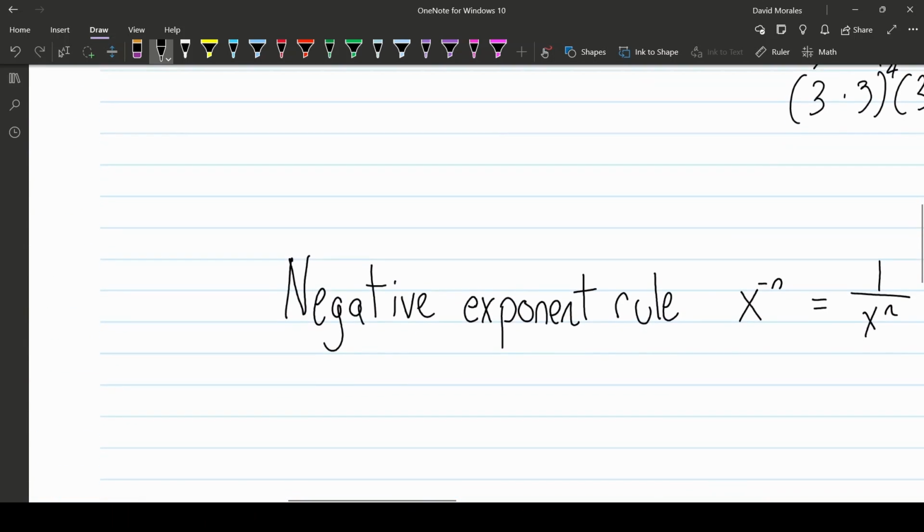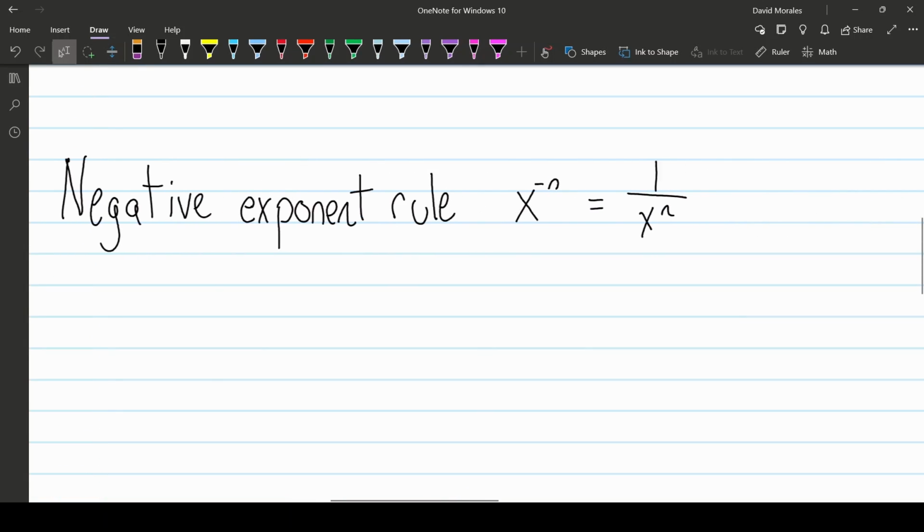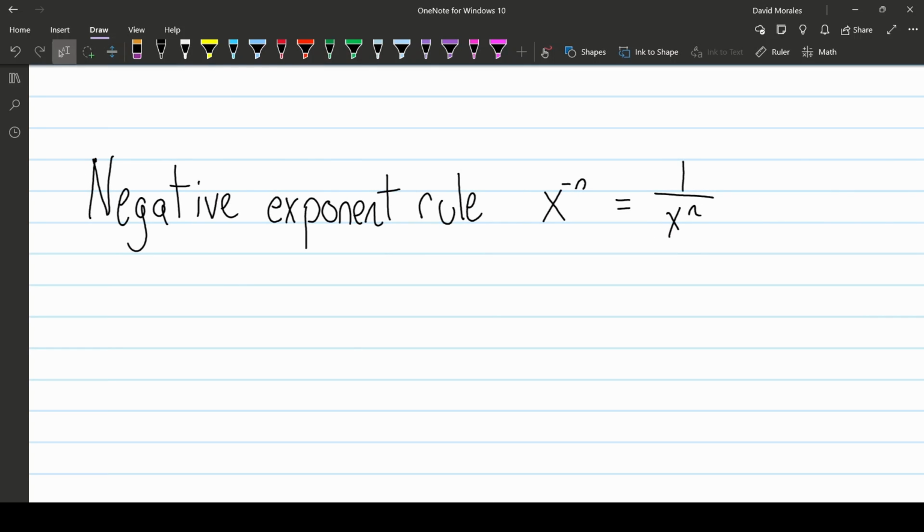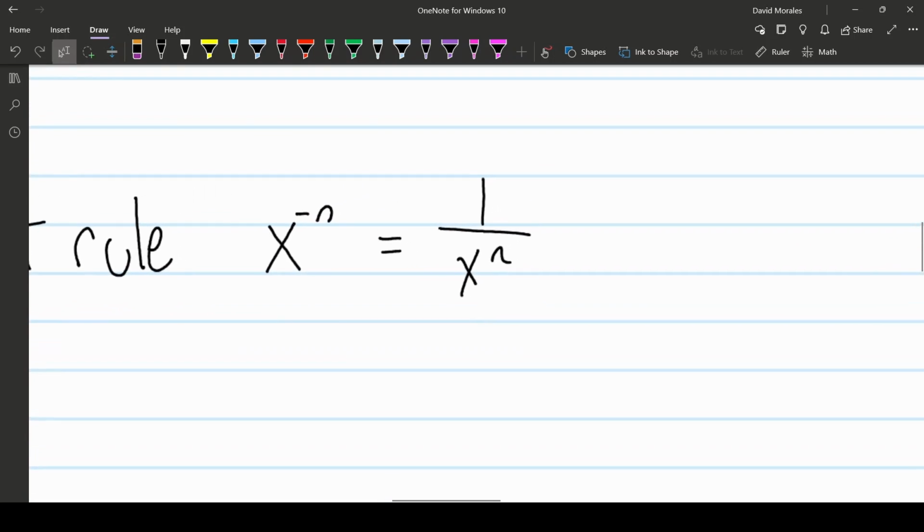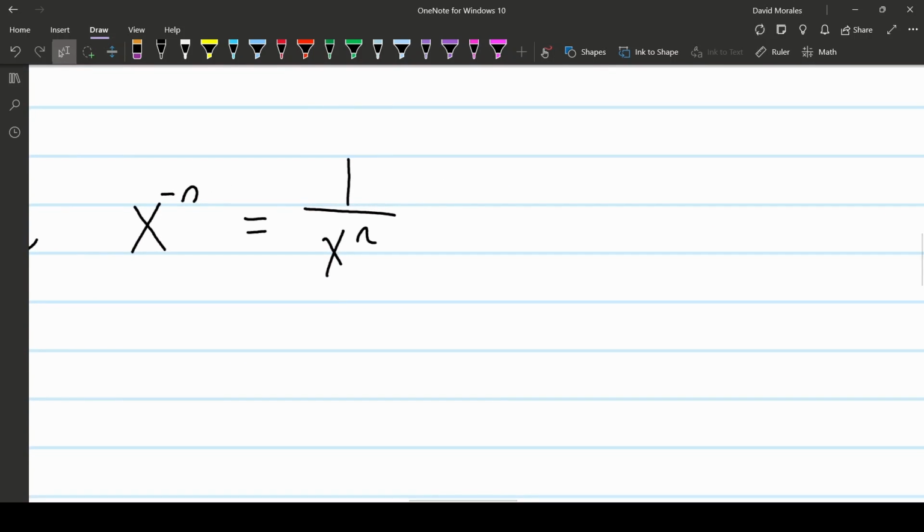And one more rule to go over here. The negative exponent rule. The negative exponent rule says if you have anything raised to the negative exponent, to make it positive, you're going to have to make it a denominator.